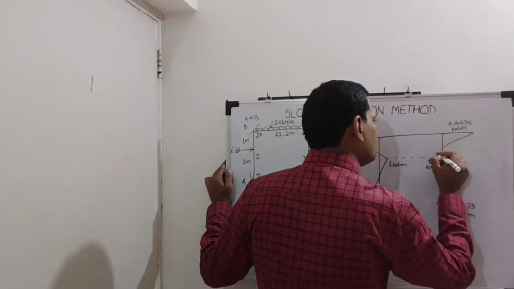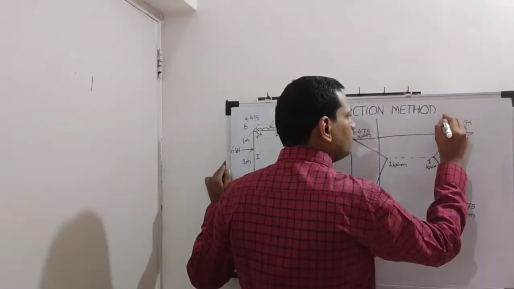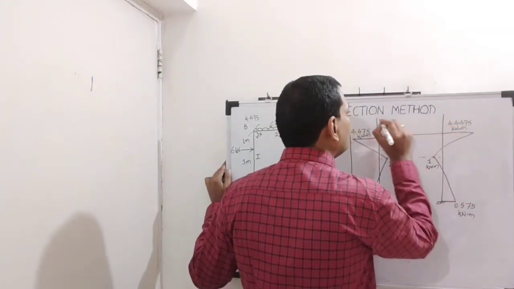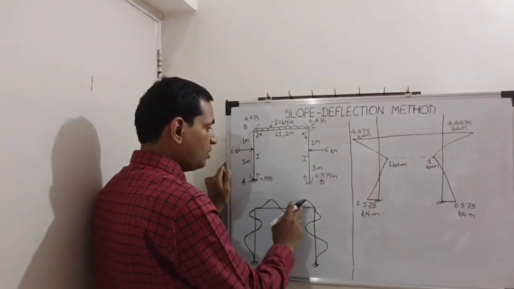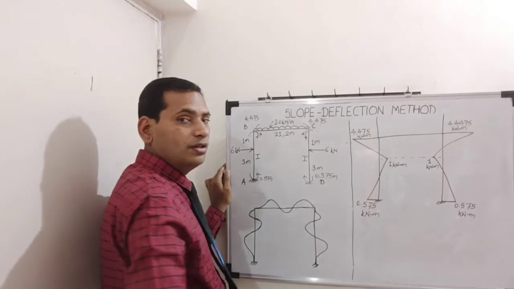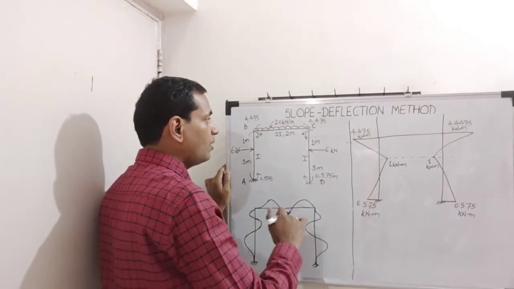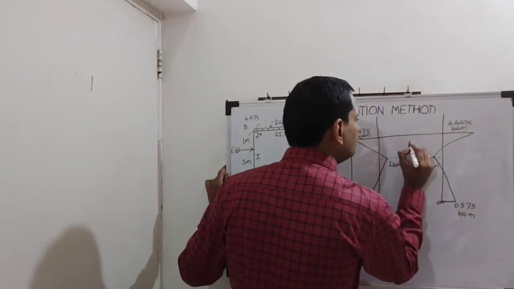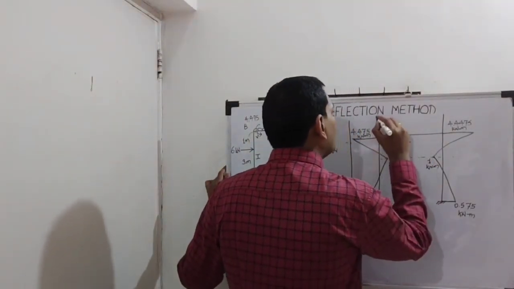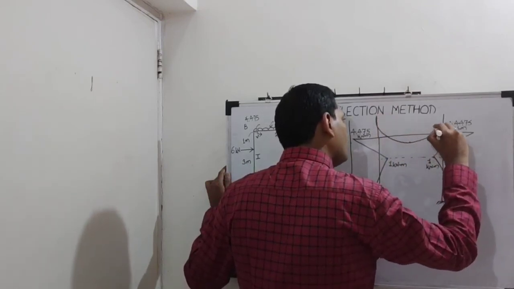Join these 2 points. This is again 4.475 ordinate. These two values, these are the directions above the reference line, and in the center below. So value is 1 kilonewton if you remember. Okay, and we have to join using parabolic line. Why? Because it is UDL.